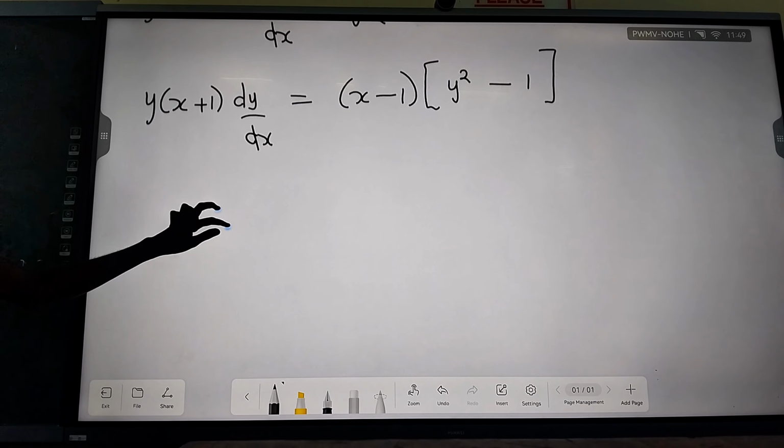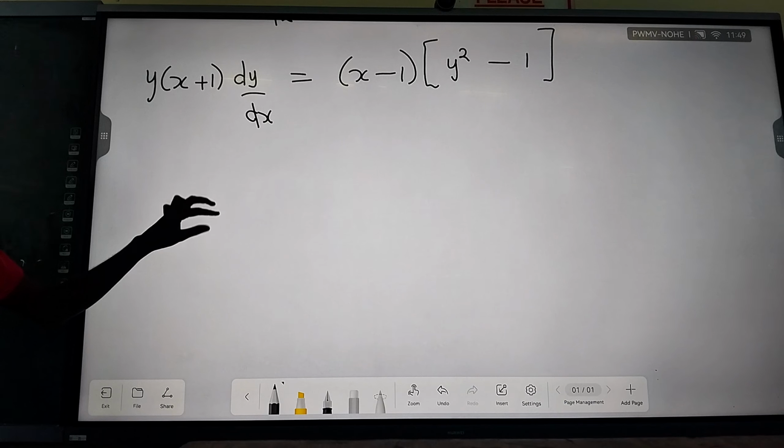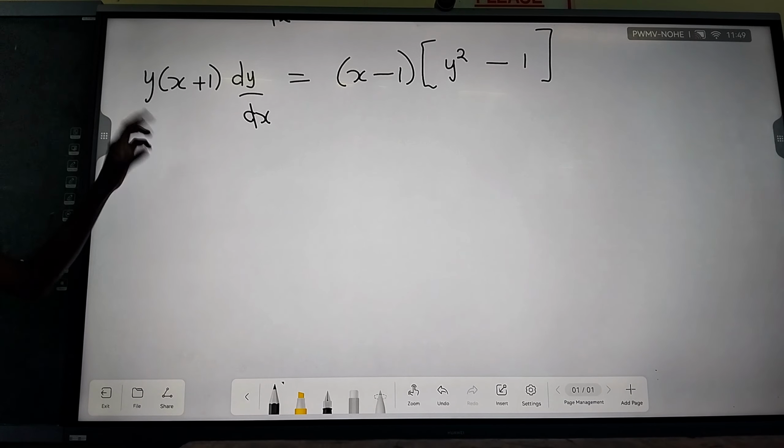Separate. Nice. So it is a separable equation here, there's no need for Bernoulli on this one. We can separate them.